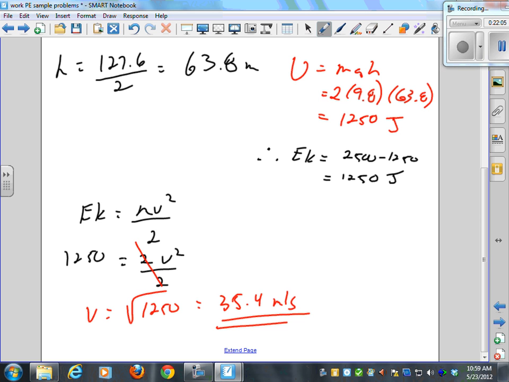Wow, interesting. It's because it's squared, right? It's v squared, so it's not a direct relationship. It is slowing down because of gravity, but it's not a direct relationship.